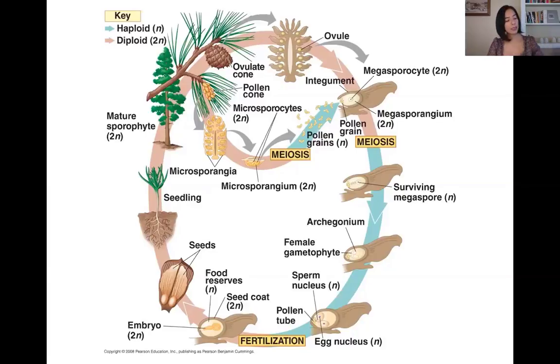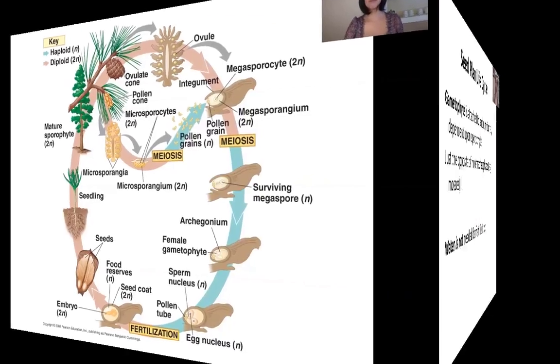So it will take several years for a baby conifer to reach this large size of some of the species that we have around. Some of these pines can be even 2,000 years old, or even 5,000 years. Some of the very long-lived pine species, like Pinus longeva, can live 5,000 years.